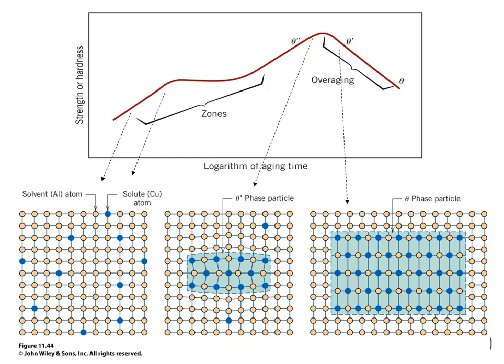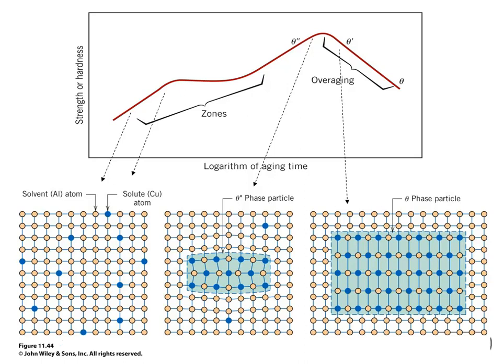So if you look to our upper graph, we have strength or hardness as a log of aging time. So that aging time is the time at temperature C where we're allowing a few of those copper atoms to rearrange and form these coherent precipitates. We're going to stop them before they form a grain boundary.